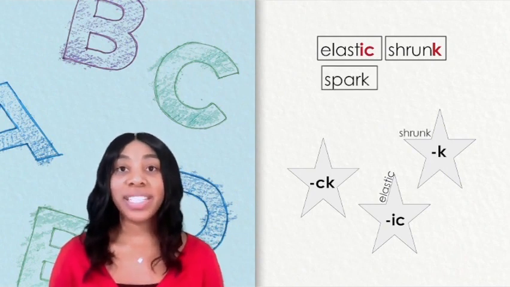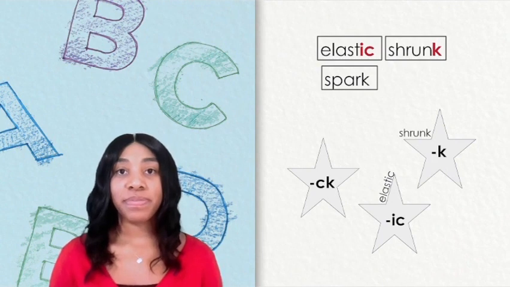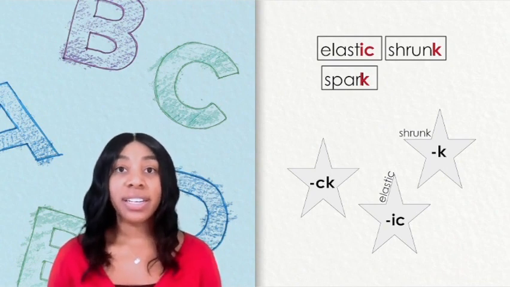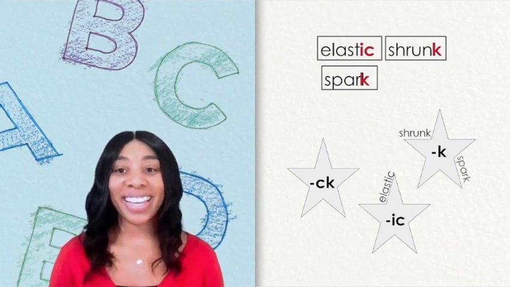How do you pronounce this word? Spark. Which star does the word spark belong on? We heard the K sound at the end of spark, and it is spelled with a K.